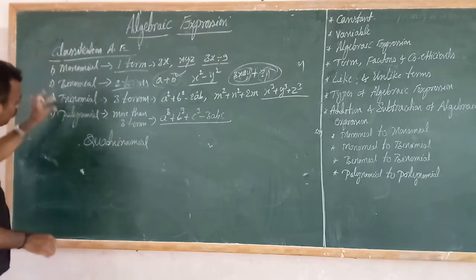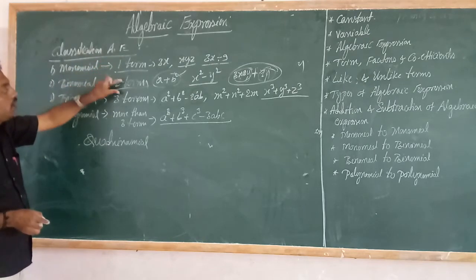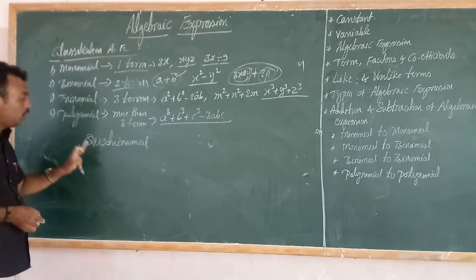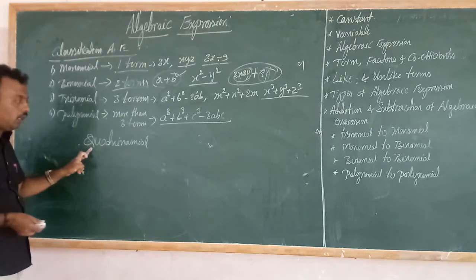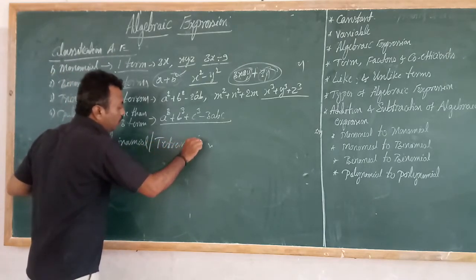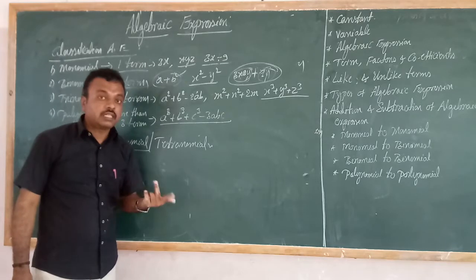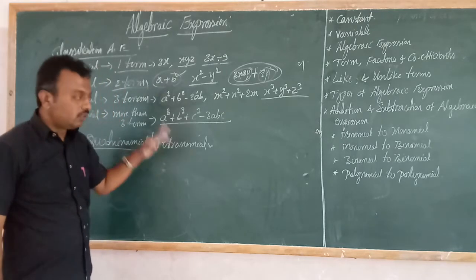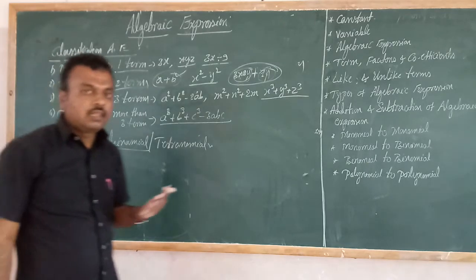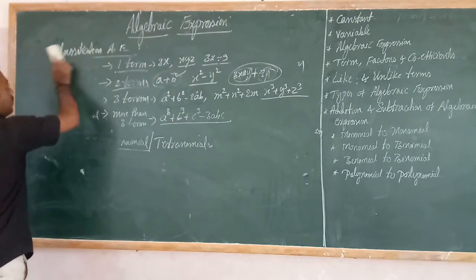So monomial, binomial and trinomial are also polynomials. But taking the number of terms as the base, we have given them different names. But all of these belong to polynomial. For four terms, the name is quadrinomial or tetranomial; tetranomial and quadrinomial are both the same. Okay, if there are 5 it is pentanomial, if 6 it is hexanomial, like that. So these are all generally called polynomial. Polynomial is more than three terms. Are you understood? Yes, this is the classification of the algebraic expression.